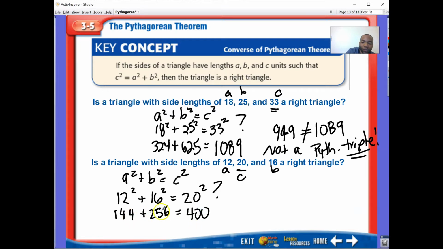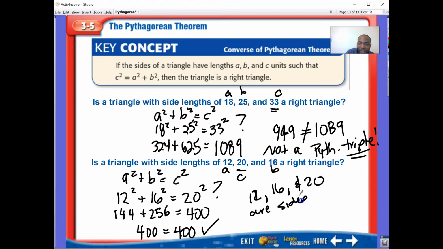All right, 144 plus 256 is 400. Yes. So we'll say 12, 16, and 20 are sides, or could be sides, of a right triangle. Why, y'all? Because they make the rule true.